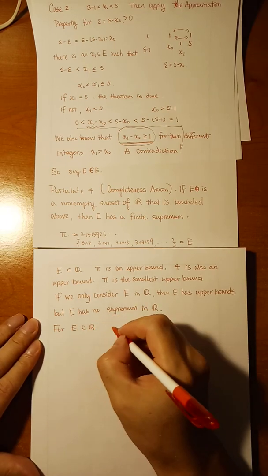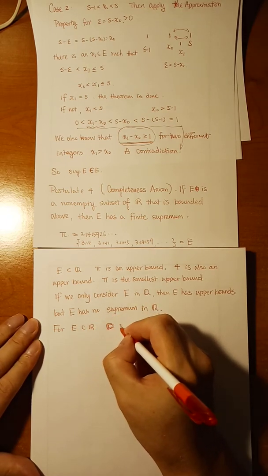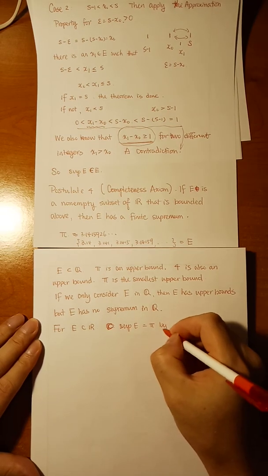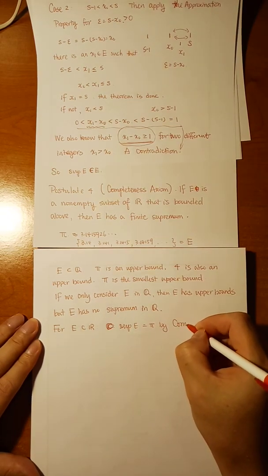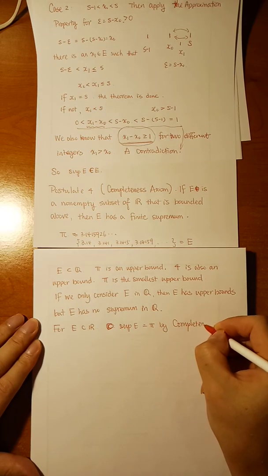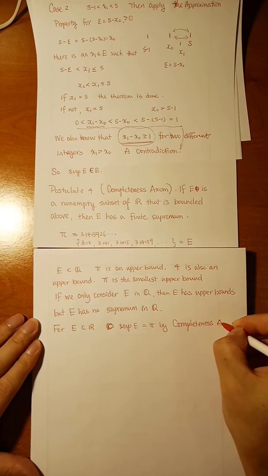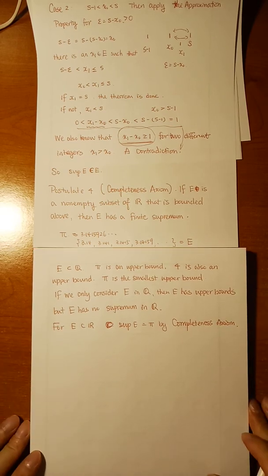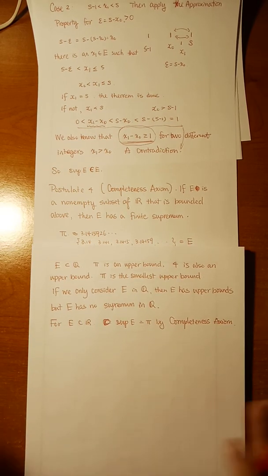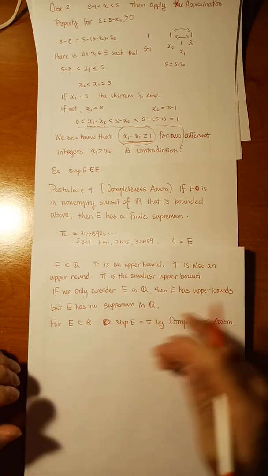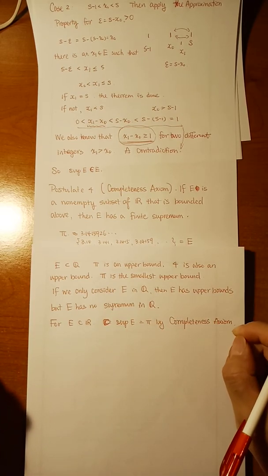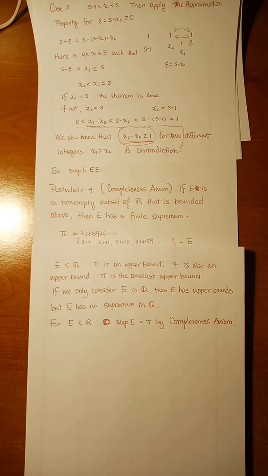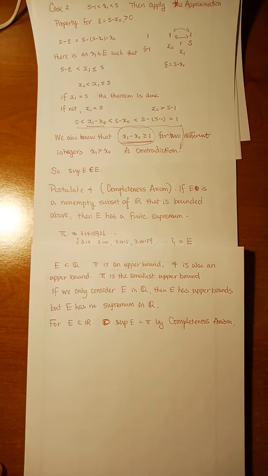For E in R, the supremum of E is equal to pi by the completeness axiom. So after we add the irrational numbers, there is no hole for the real numbers. Okay, so that's one of the properties. This is a very abstract property.